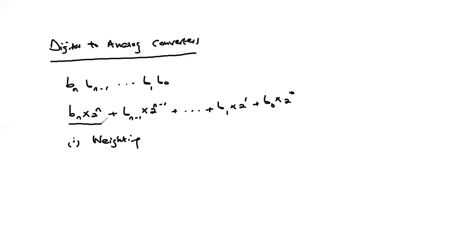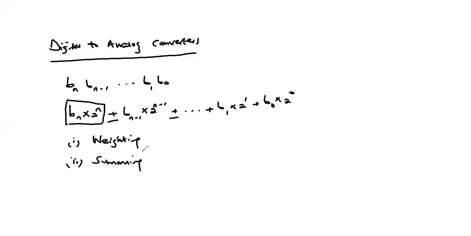Each of the bits is multiplied by a weighting factor. And number two, we sum all the weighted values of the individual bits, so we obtain the aggregated value of each of the weighted bits. And therefore, we need to perform summing.